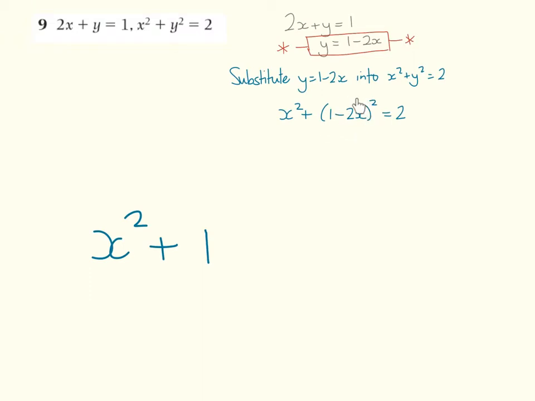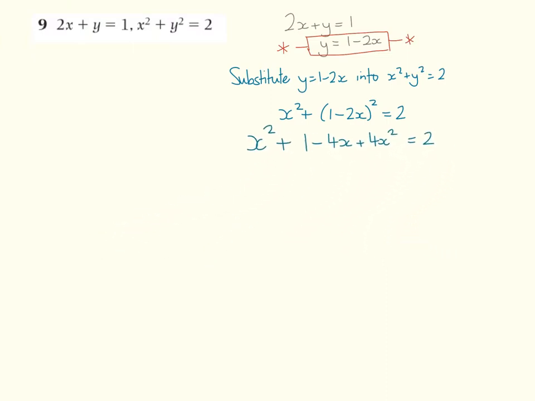So I'm going to have x squared plus, and I'm going to expand this bracket quickly, using the trick we went through in year 10. If I square the first term, multiply the two terms together and then double it, and then square the third term. So minus 2x squared is going to be positive 4x squared. Equals 2.